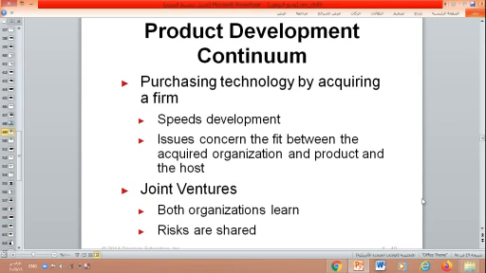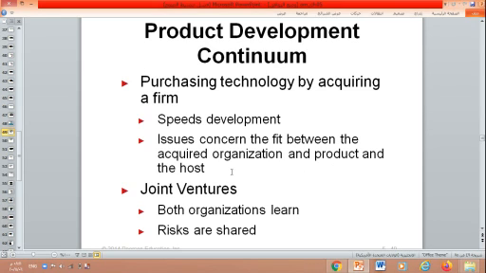So purchasing technology by acquiring will speed up the process of development, and also there may be issues concerned with the fit between the acquired organization and the product and the host organization. ولكن ممكن هنا في عندي بعض القضايا تظهر زي fitting between ال acquired organization واللي هي ال host organization.